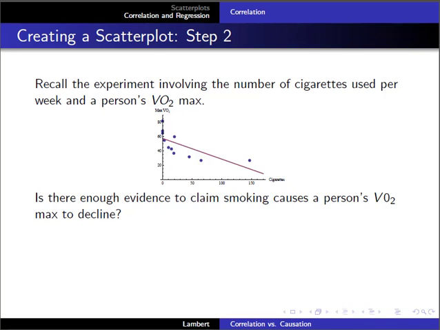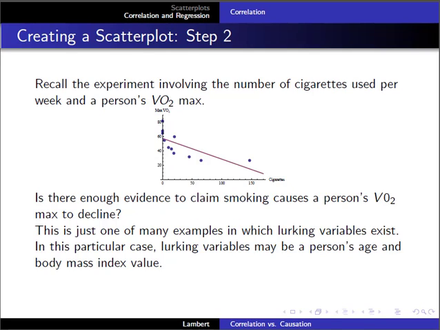The key factor here is what we call lurking variables, and they exist inside of here. So, for example, if you're checking someone's VO2 max, things that can play a role include a person's age. If you're having someone that's 95 and determining their VO2 max, that might not be as high as someone in their early 20s. Same thing for body mass.